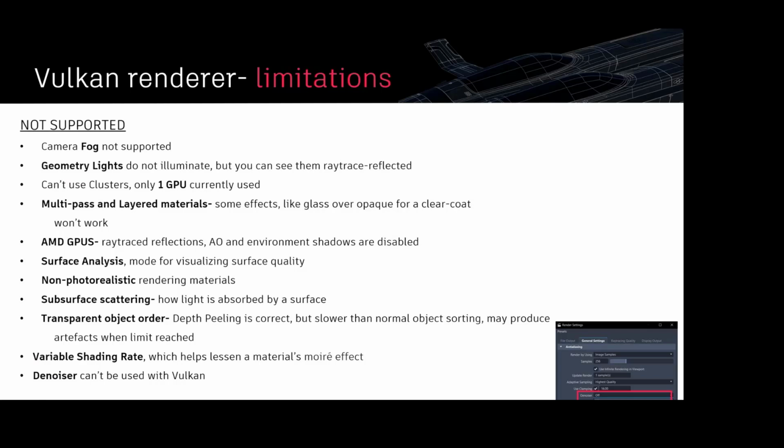And for ordering transparent objects that you're looking through, we do have depth peeling, and it is correct, but it is slower and it might produce some artifacts. And we don't have variable rate shading, which is something you'd turn on if you had a moire effect. And the denoiser can't be used with Vulkan. I think it's not advised to use DLSS; you can turn it on, but I think it does not do you any favors.